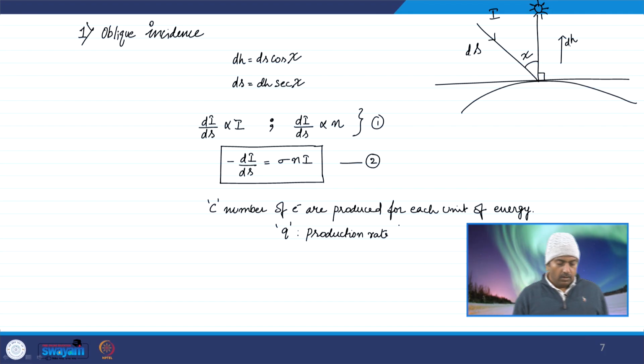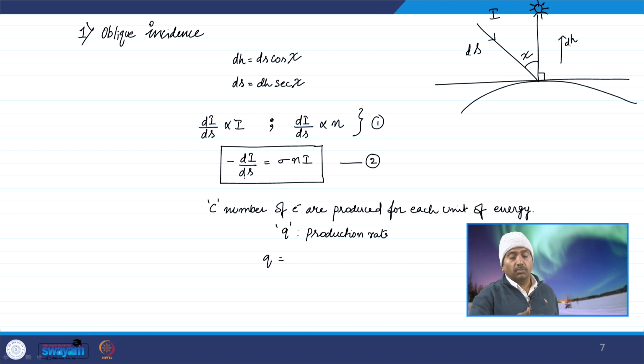Q can be written as dI by ds, the rate of change of intensity with respect to oblique distance. For every unit of that change, C number of electrons are produced. So dI by ds, accounting for the total change in intensity over a distance s, will result in C times that many electrons.